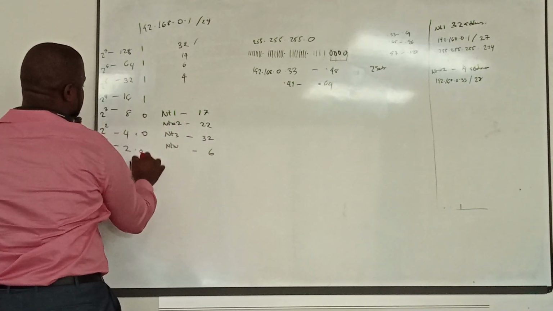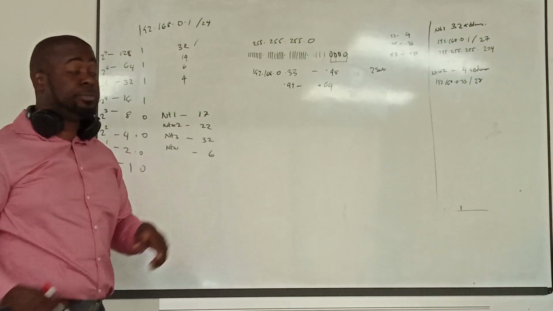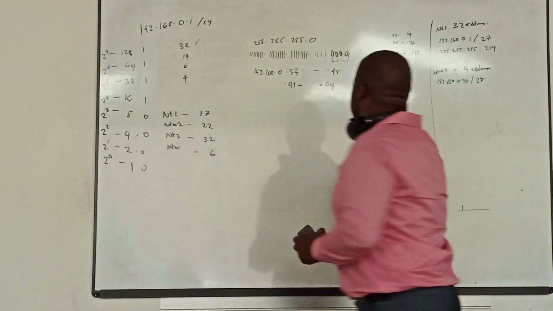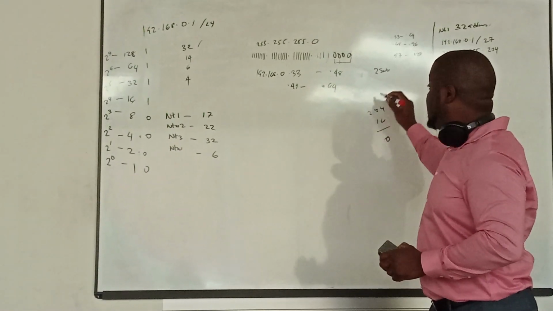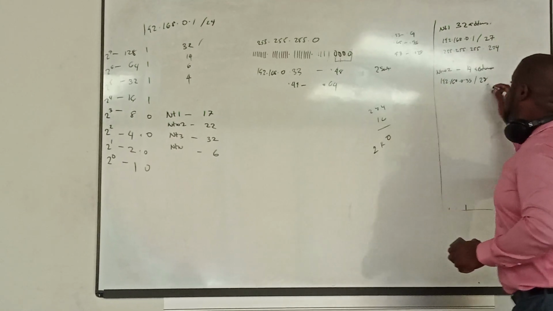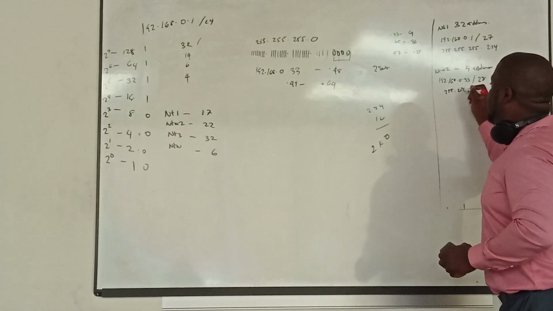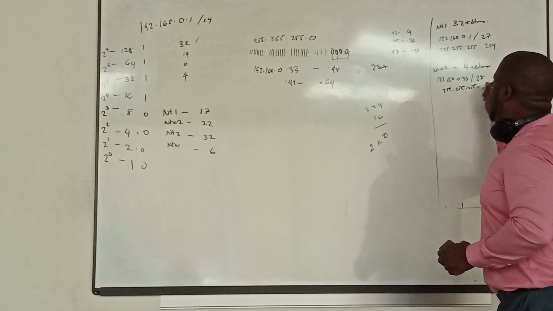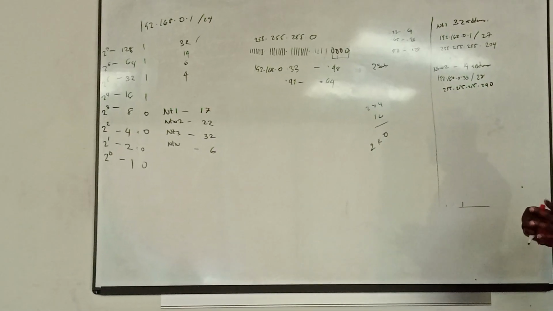So 2 to the 4 is 16, and 256 minus 16 is 240. So this will be 255.255.255.240. You can see the subnet mask is not the same again.